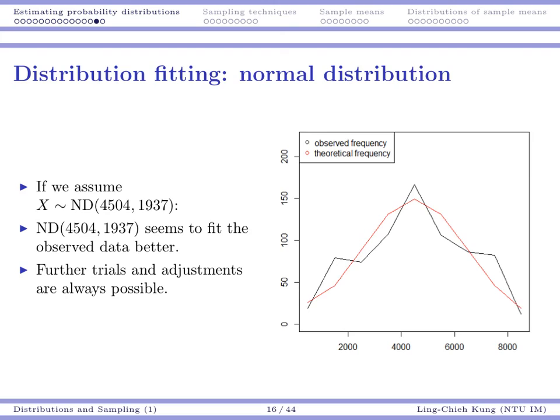We probably cannot say that X is really normal, but at least we can say that using normal to fit is much better than using a uniform distribution, right? If you're going to guess one distribution, you use normal instead of uniform, because normal seems to have a much smaller error. And then some further trials or adjustments are always possible.